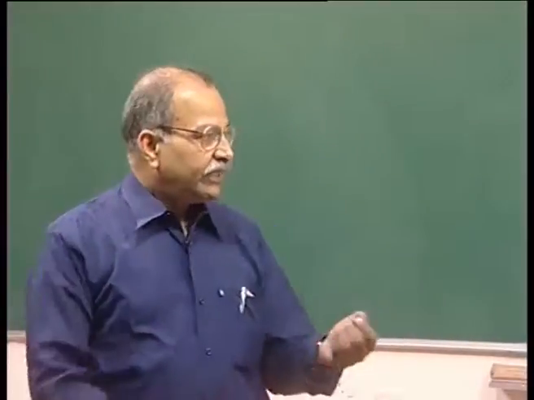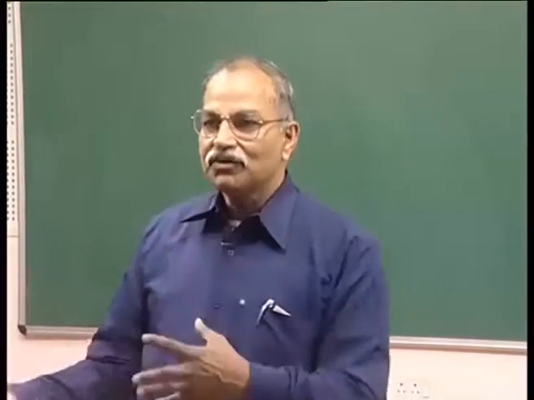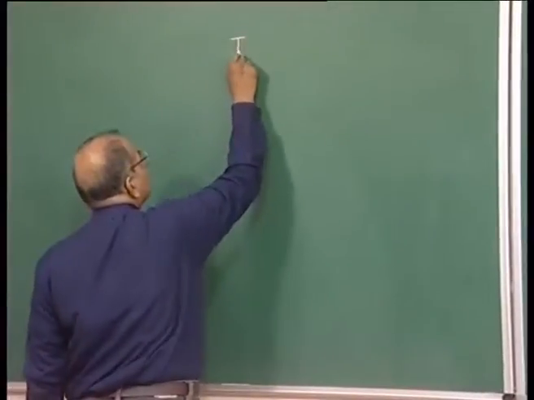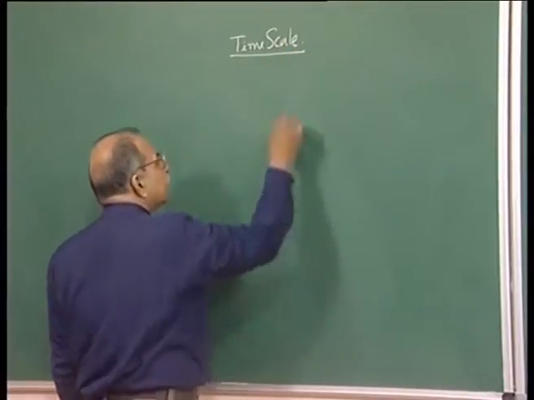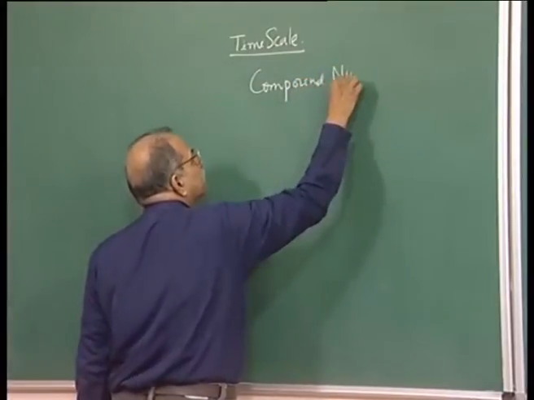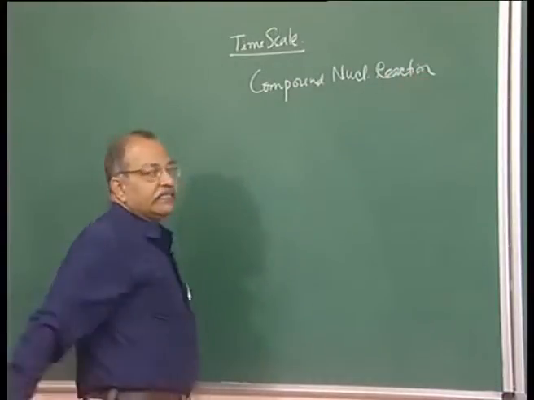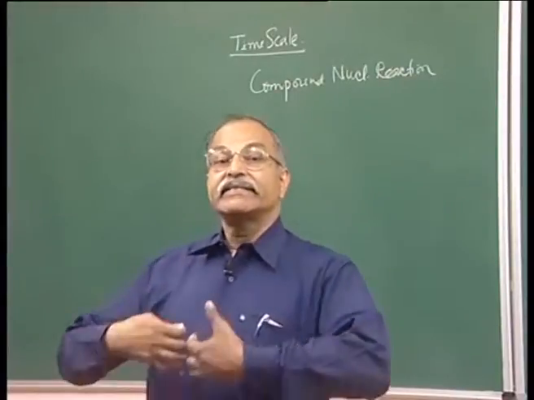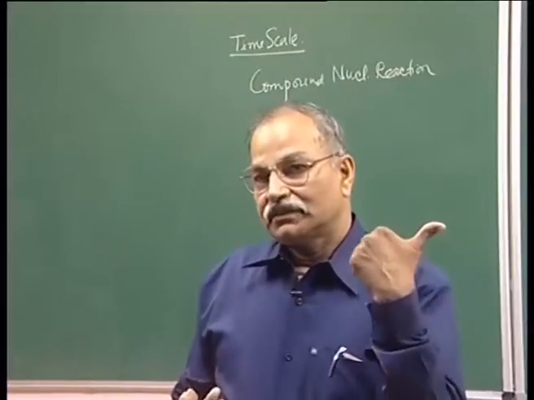Now, the visible difference between a direct reaction and a compound nucleus reaction. There are two differences mainly. One is time scale. For a compound nucleus reaction, the time needed for the reaction to complete is much larger than for a direct reaction.